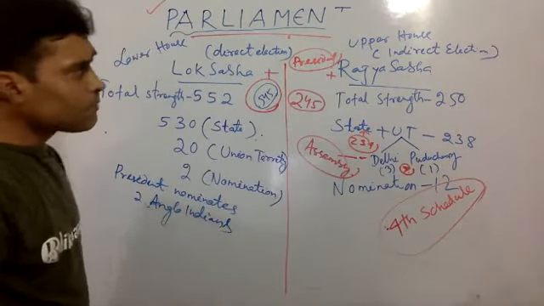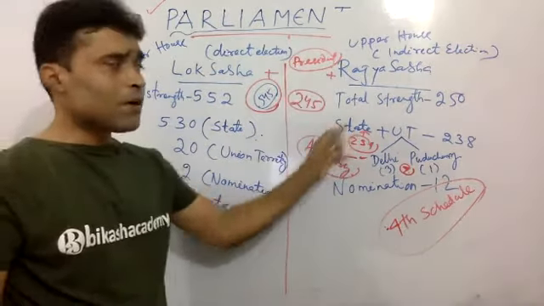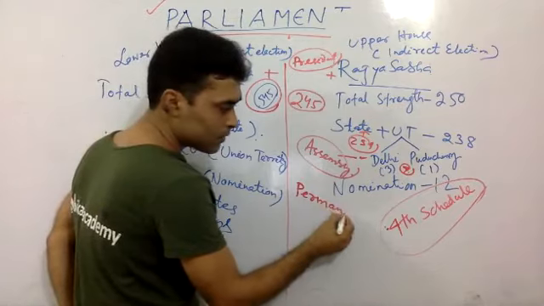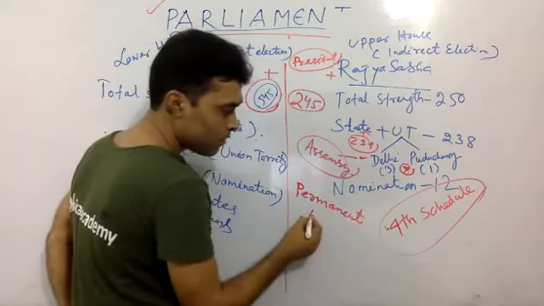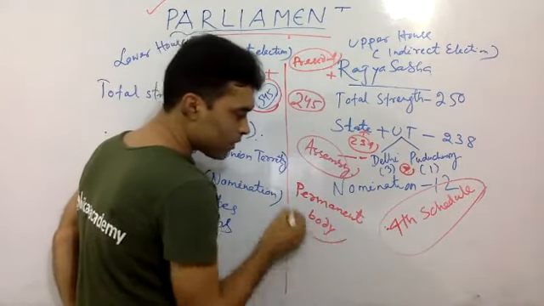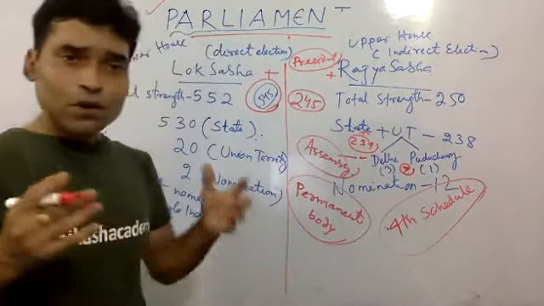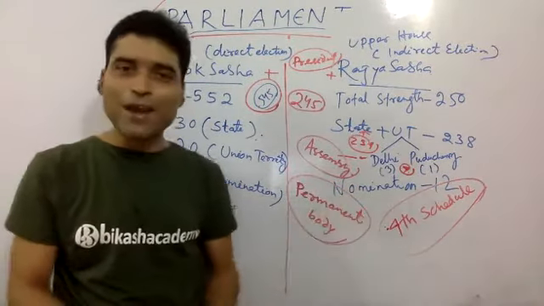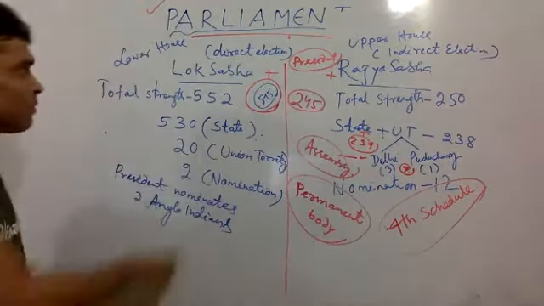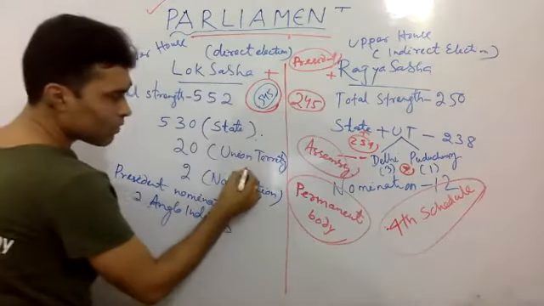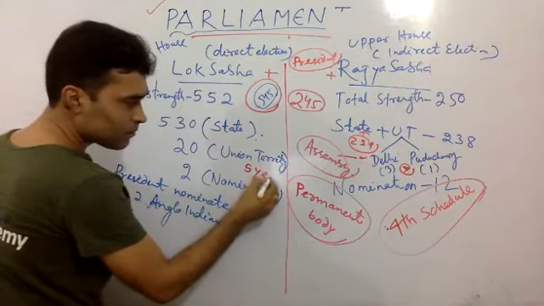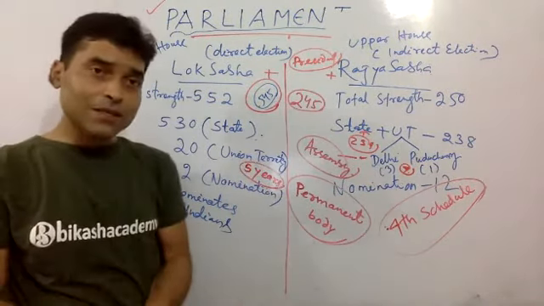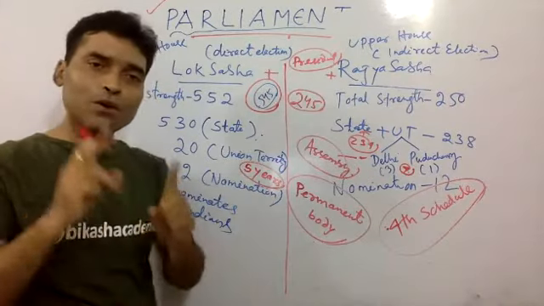Next thing is that this Rajya Sabha is a permanent body. Permanent body means not subject to dissolution, or you can say it never expires, right? But in case of Lok Sabha, it's only 5 years. But during emergency, it can be extended by 1 year.